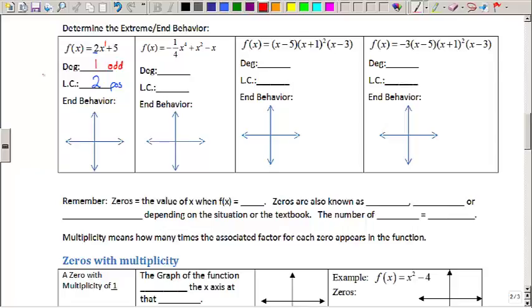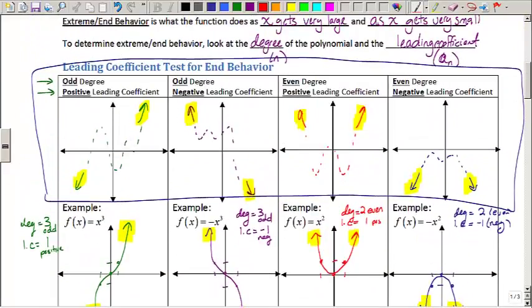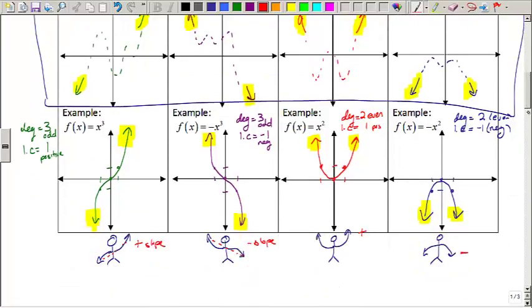Well, odd, that's in two different directions, either up and down or down and up. But positive means I'm looking like a positive slope here. So that means I'm going to go down to the left, yet up to the right. Or you can just memorize the chart and go back and look at the chart. Odd and positive is down, up. Down to the left, up to the right.